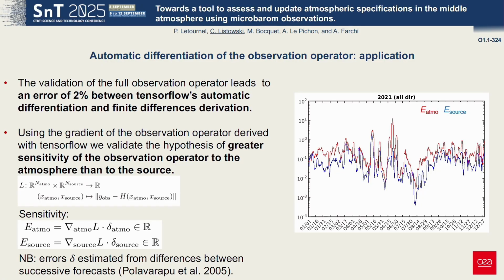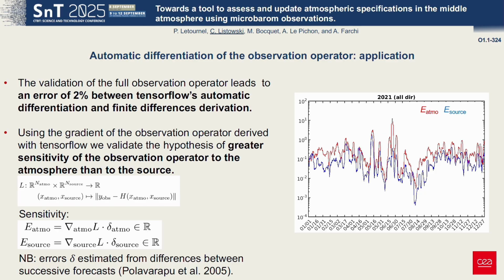But could you pull up that slide that shows the time series? Yeah, that one. Okay. Here is the sensitivity, which is defined with the gradient of the operator times the error we inferred for the source model and for the atmosphere for this plot.